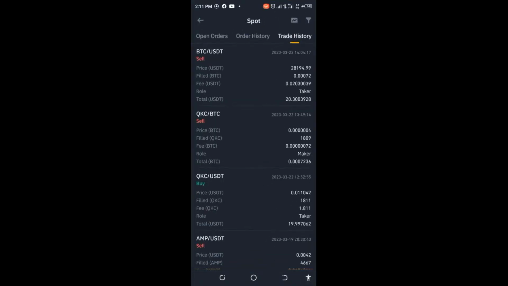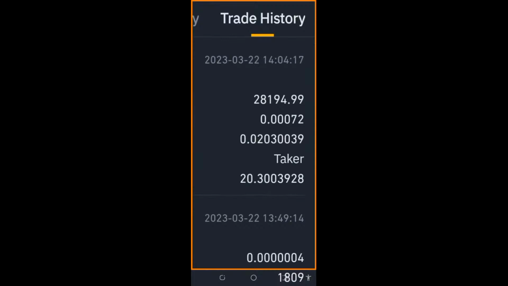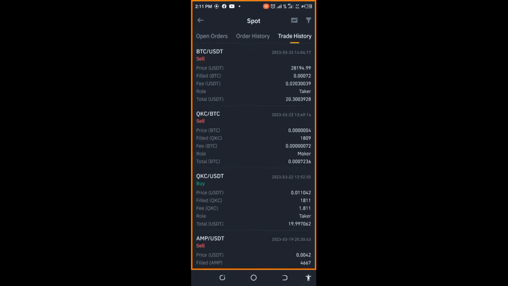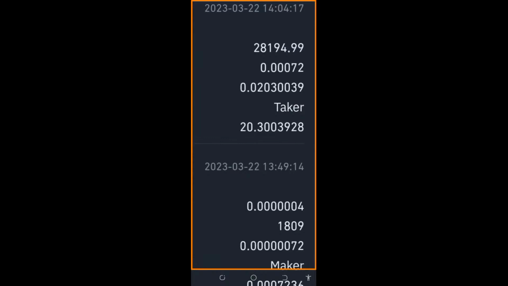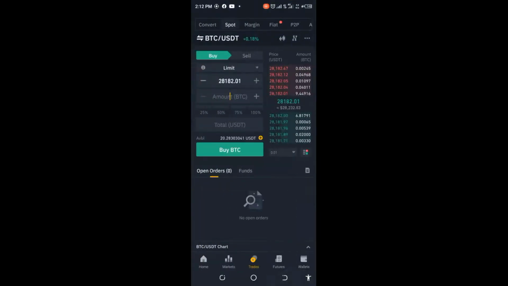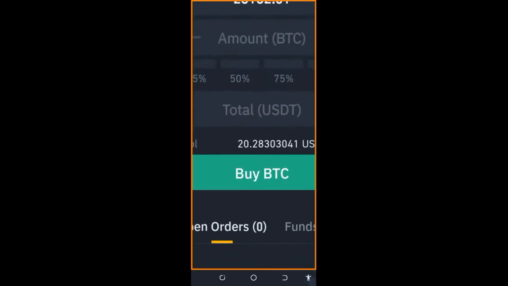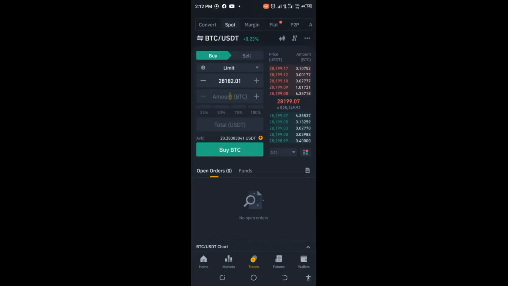We also paid a USDT fee here, about 2 cents. That's the reason why. The total USDT plus the fee was 20.30. But when they took out their 2 cents, what we have here is 20.28. So just remember that the fees were taken out.